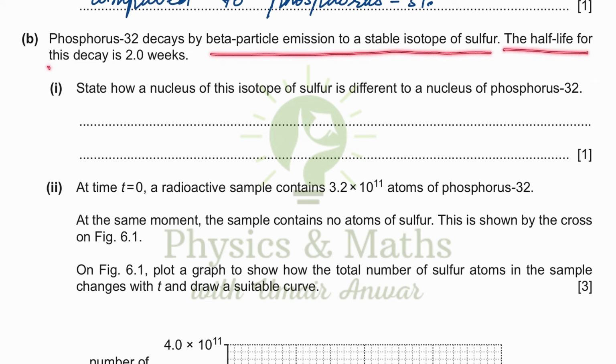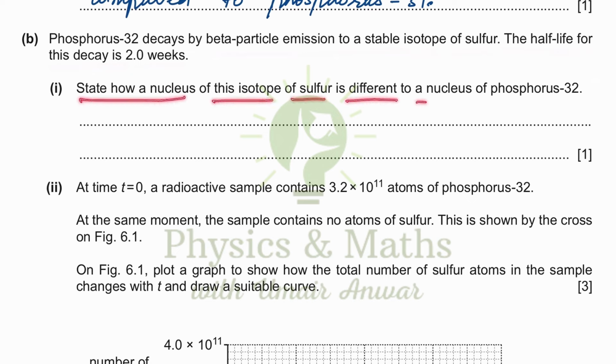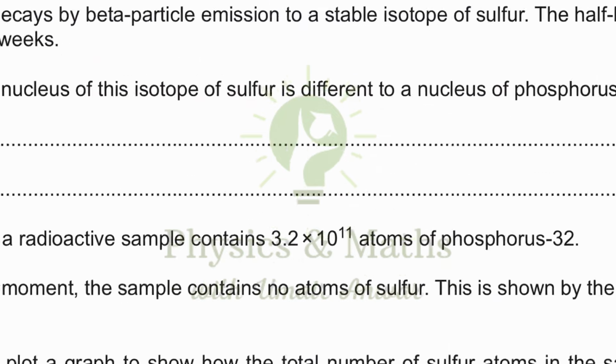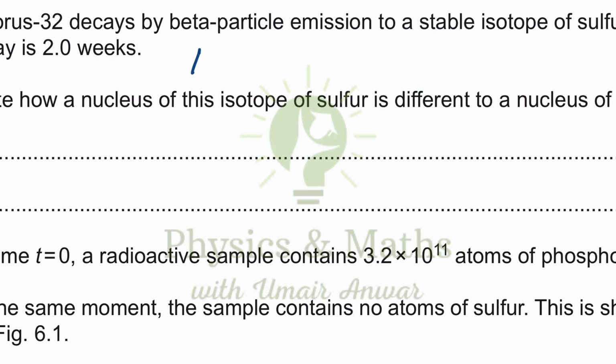The half-life for this decay is 2 weeks. State how a nucleus of this isotope of sulfur is different to a nucleus of phosphorus-32. Now phosphorus-32 means we have the proton number of 15 and the mass number of 32.